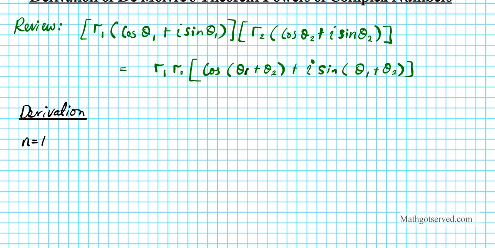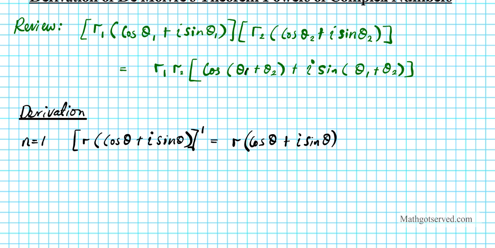For n equals 1, we're raising a complex number, r times cosine theta plus i sine theta, to the first power. If we raise this to the first power, what does this mean? We have exactly one copy of this, so it equals r times cosine theta plus i sine theta.